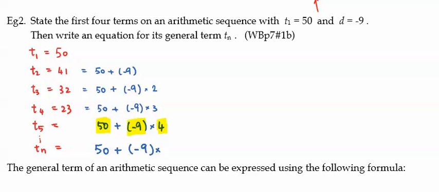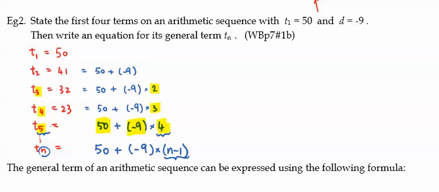The term minus 1. If you were looking for term 4, you times it by 3. If you were looking for term 5, you times it by 4. If you're looking for term 3, you times it by 2. Every time it goes down by 1. So if I want to find the nth term, this will then be 1 less than what you're trying to find.